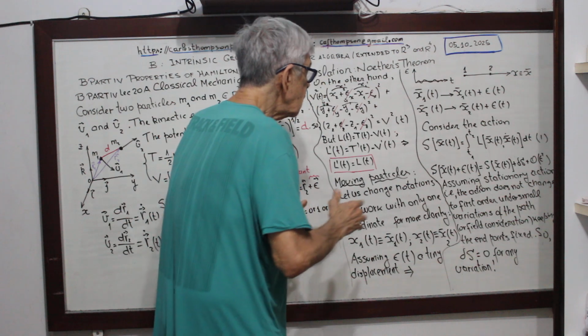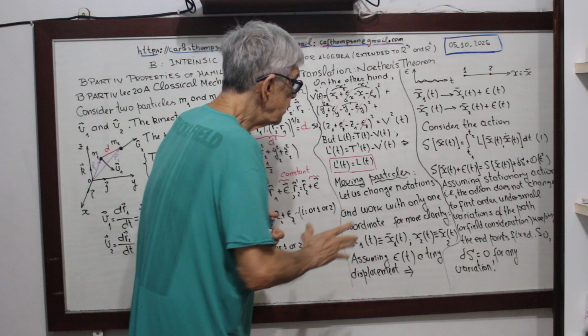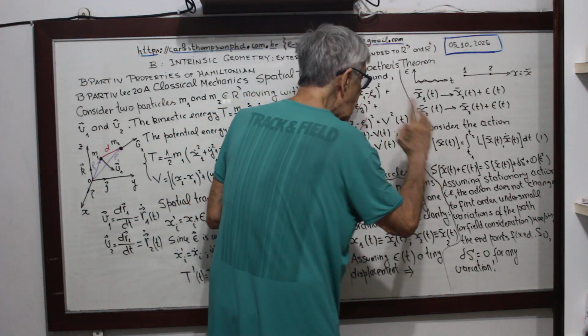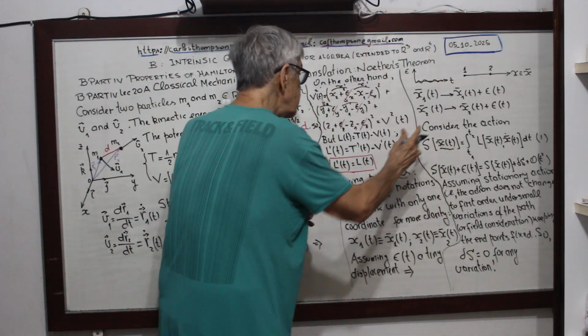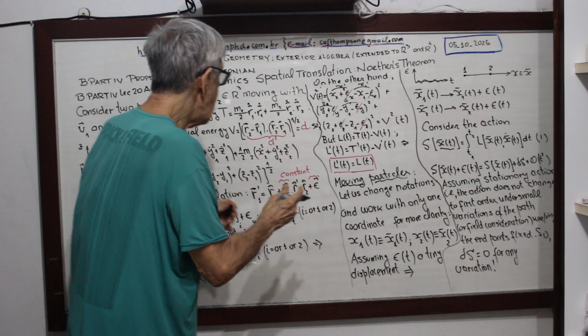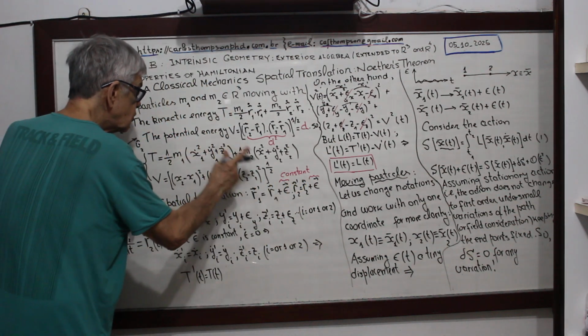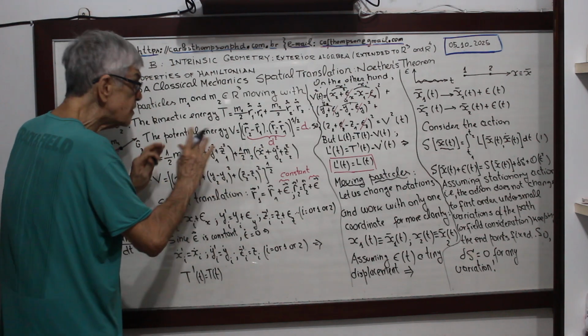So now consider the action. The action S is a function of x bar. Attention now, this x bar here is the same as x1, x2, and in this case y1, y2, z1, z2.